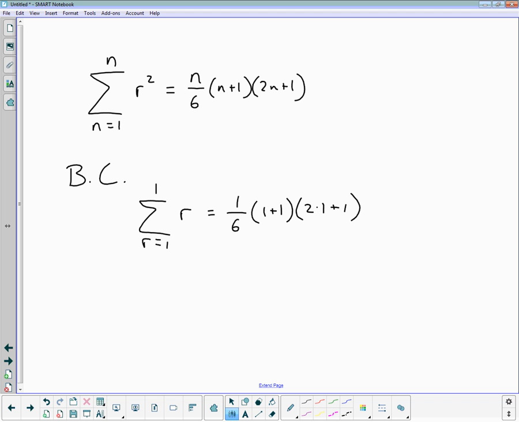Check that the base case does hold. So does the base case hold?